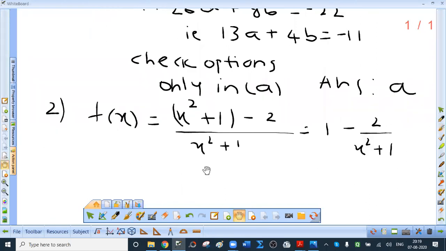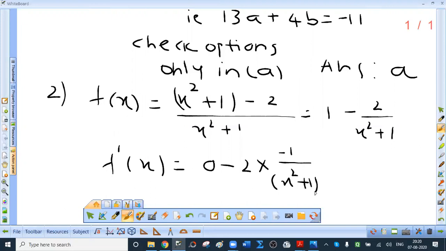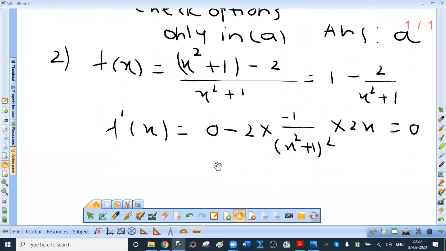Now we are solving MCQs, so we need not find second derivative if there is only one root. This is 0 minus 2. What is derivative of 1 upon x square plus 1? It is minus 1 upon x square plus 1 bracket square into derivative of x square plus 1, which is 2x. We equate this with 0, f dash of x equal to 0. So that gives me x equal to 0.